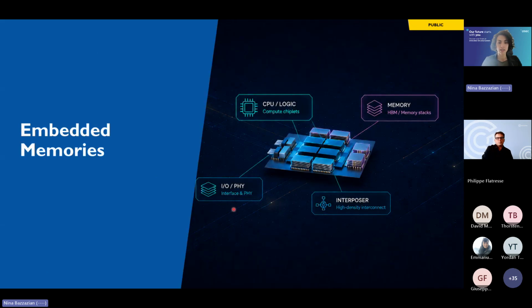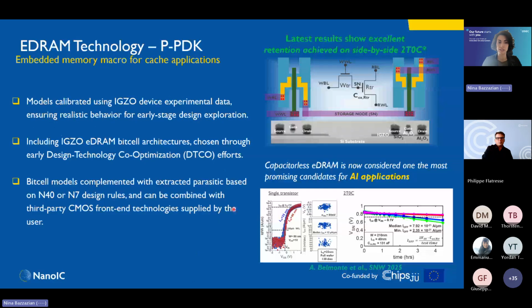So the next one, memory technologies, which are a crucial part of our roadmap, starting with the eDRAM technology. This slide seems a bit crowded, but basically it summarizes what is included in the NanoIC IGZO-based eDRAM PDK.